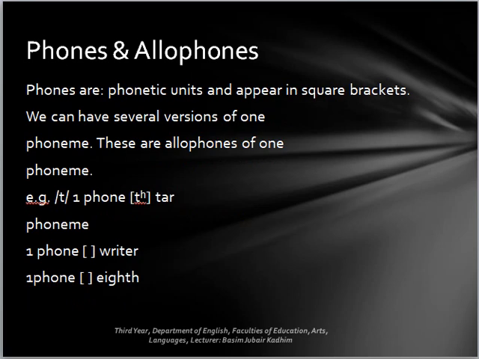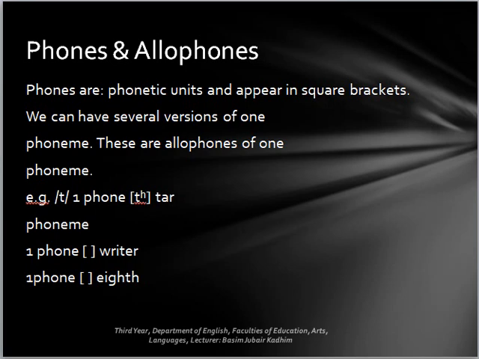Now, sometimes there are lower levels than the phoneme itself. Sometimes we deal with phones and allophones. The phoneme, for example the phoneme /t/, is the umbrella term for all the realizations of this phoneme, for all the pronunciations of this phoneme.